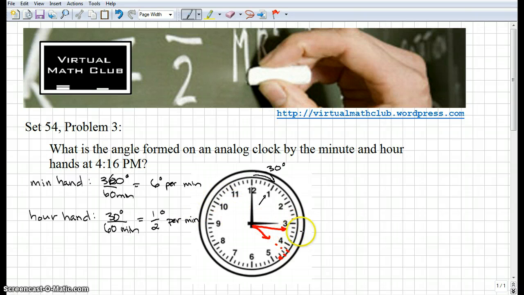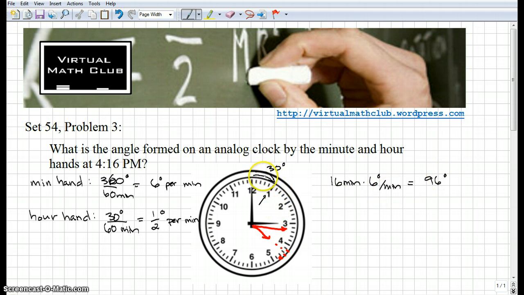At the top of the hour, let's look first at the minute hand. At the top of the hour, the hand is pointing straight at the 12. And after 16 minutes, because we're at 4:16, it moves 6 degrees times 16 minutes. That's a total of 96 degrees.